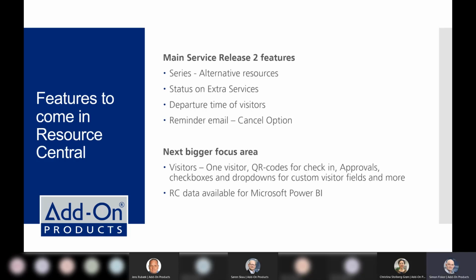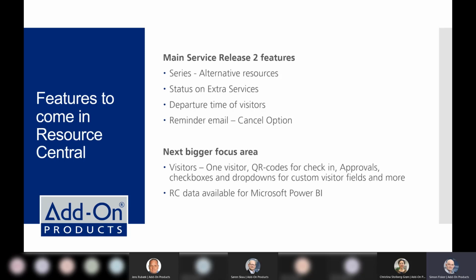So going forward, we've broken up the statuses into, of course, one for the catering role, but now you also have the ability to set the status on each extra service that you might have. So you have the catering, you might have the guy doing the table seating, or the service provider handling the projector or the AV equipment, or whatever needs you have in your organization for extra services.